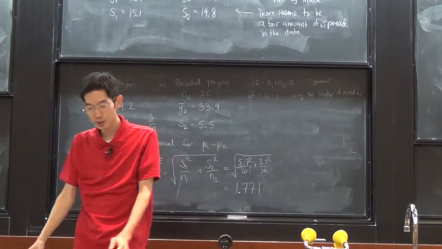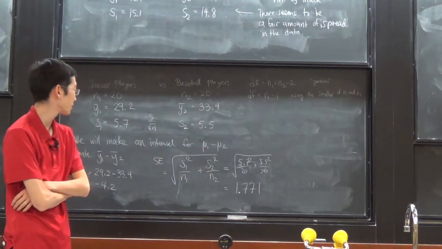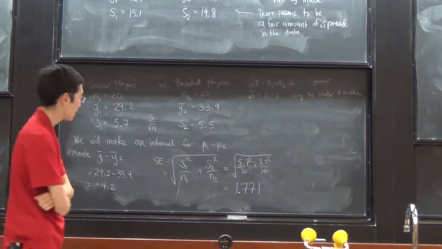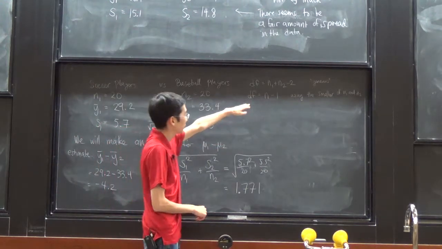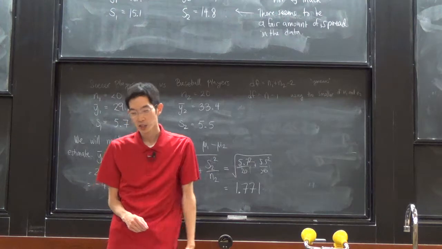And depending on who you ask, should we use the larger number of degrees of freedom or the fewer? If you want to be on the safe side, use the fewer, smaller amount. Okay.